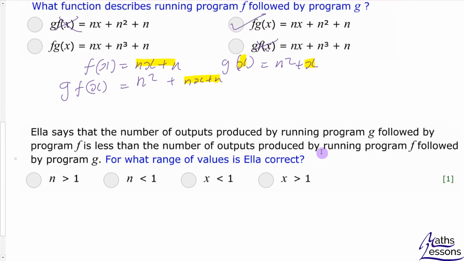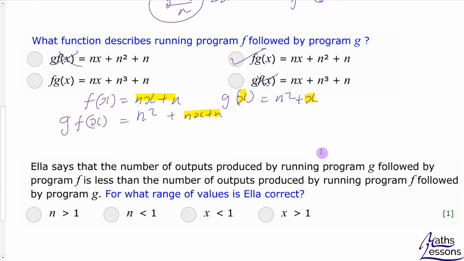Right, last question today. Let's give you a minute to have a look at this.